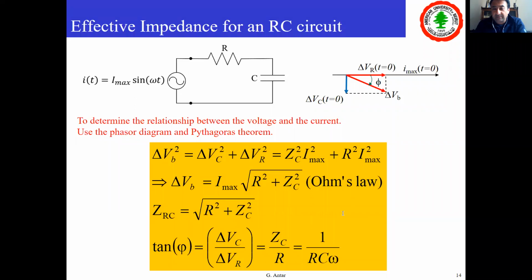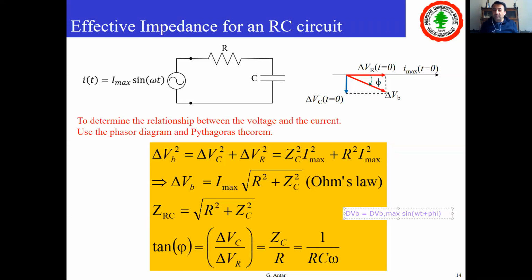So in general, I'm going to have delta V of the battery equal to delta V of the battery max sine of omega t plus phi.